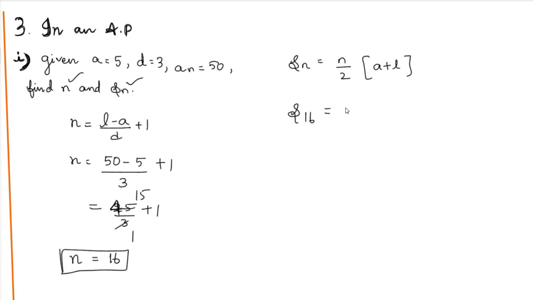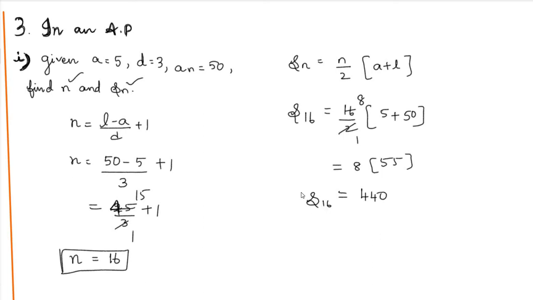So S16 is equal to 16 by 2 into, what is a? 5, plus what is l we have? 50. 2 eights are 16. So 8 into 50 plus 5, 55. So I'll get 440. So S16 is 440. Do you understand this, children? Yes? Shall we move to the next one?